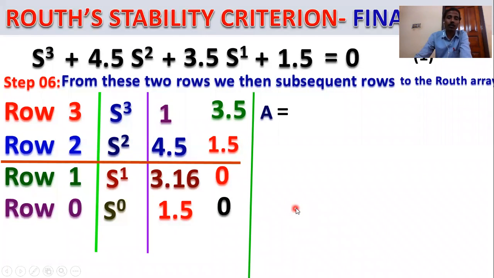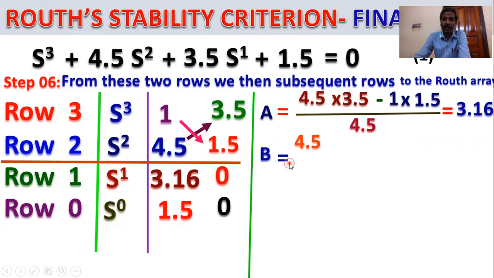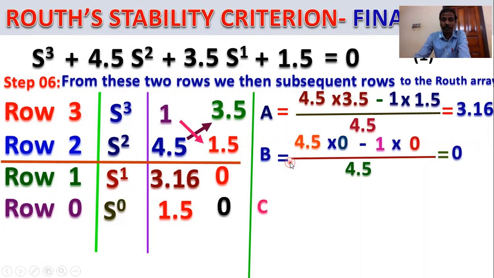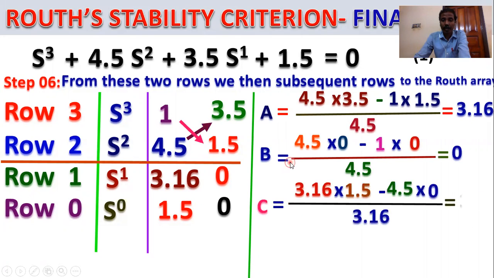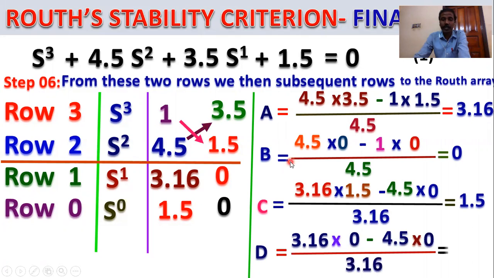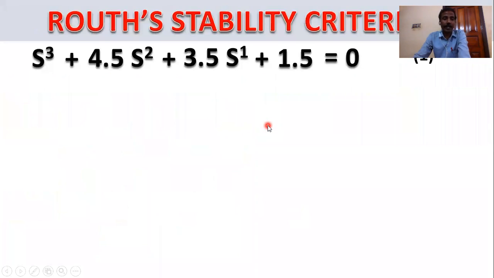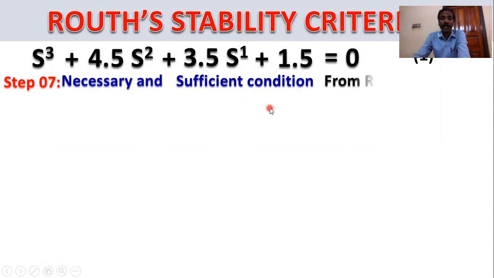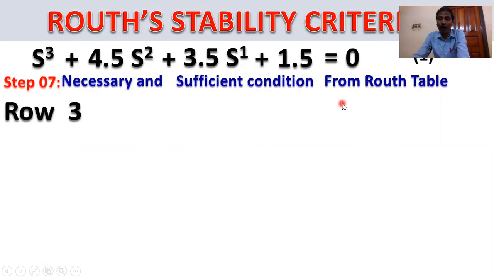So what is the conclusion? We have already calculated A, B, C, D. This is the final table. Now the conclusion for stability: the necessary and sufficient condition from the Routh table.